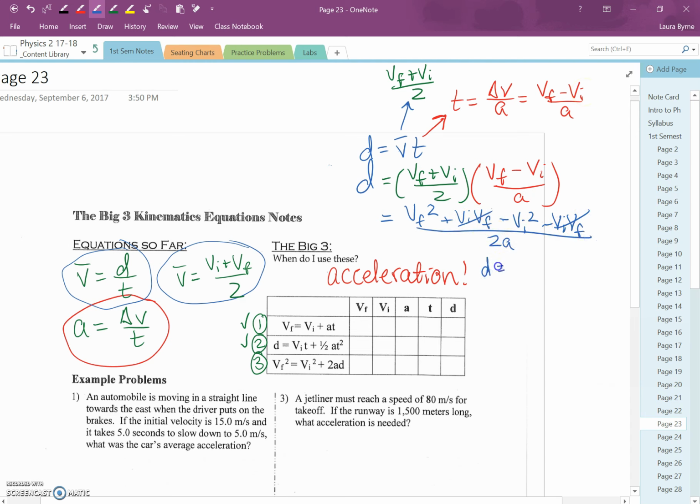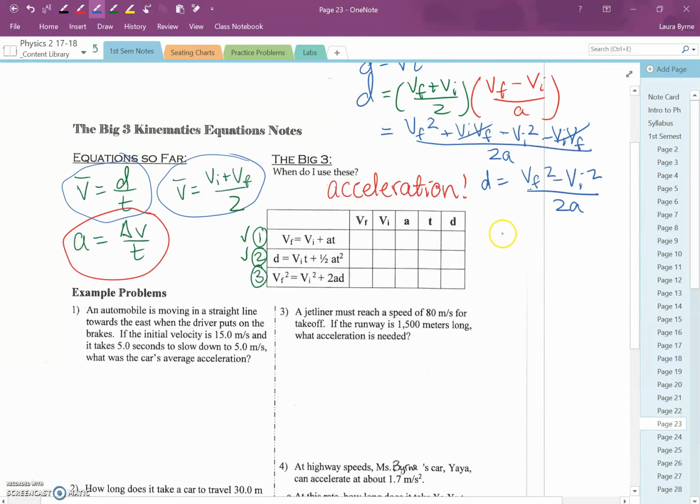So then we get d equals Vf squared minus Vi squared all over 2a. And if you keep going, you multiply both sides by 2a, so you get 2ad equals Vf squared minus Vi squared. You can end up solving for Vf squared by adding Vi squared to both sides.